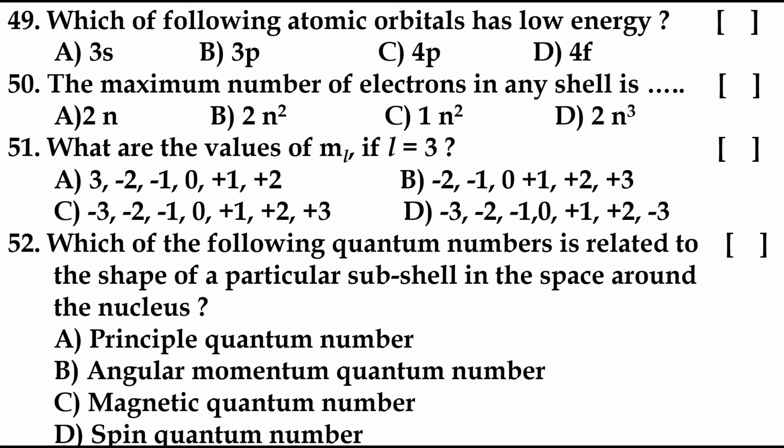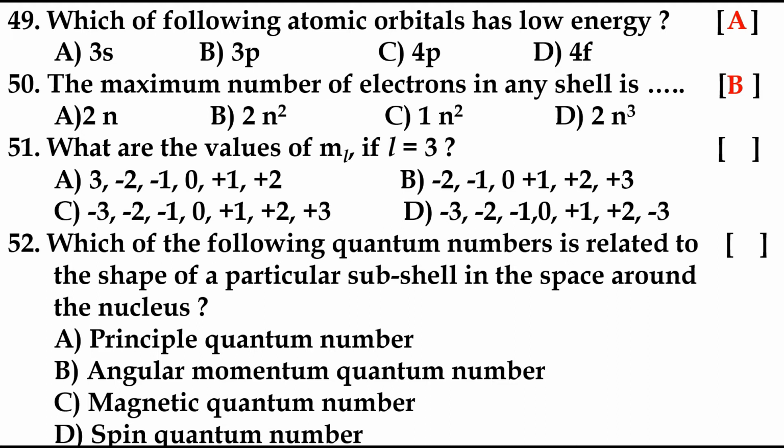A. 3s, B. 3p, C. 4p, D. 4f. Answer is option A, 3s. 50. The maximum number of electrons in any shell is dash. A. 2n, B. 2n square, C. 1n square, D. 2n cube. Answer is option B, 2n square.